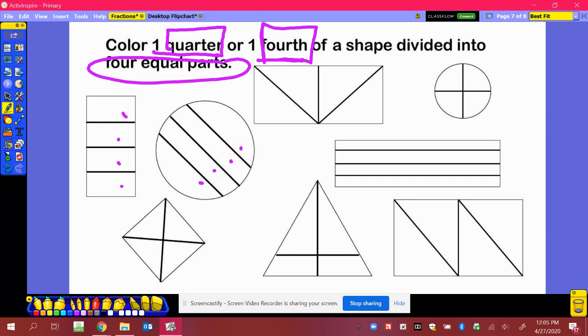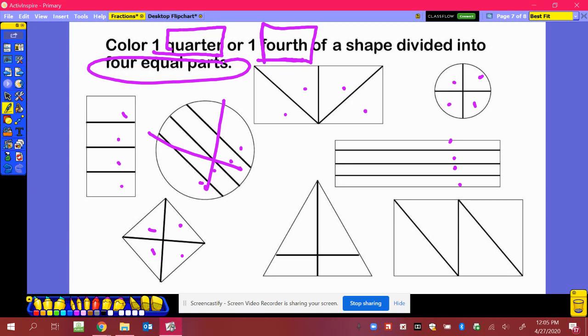Yes, but are they equal? Nope. 1, 2, 3, 4. Yep. 1, 2, 3, 4. Yep. And they're equal. Look at the top circle. There are 4 parts and they are all equal. The large rectangle, there are 4 skinny rectangles, but they are all equal.